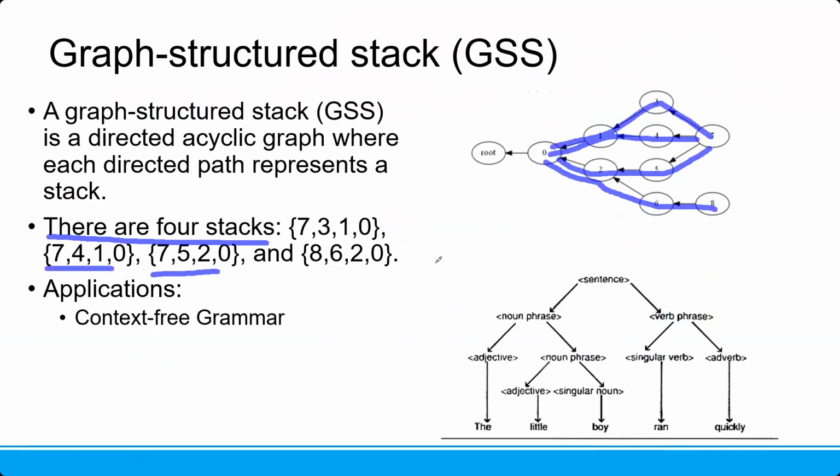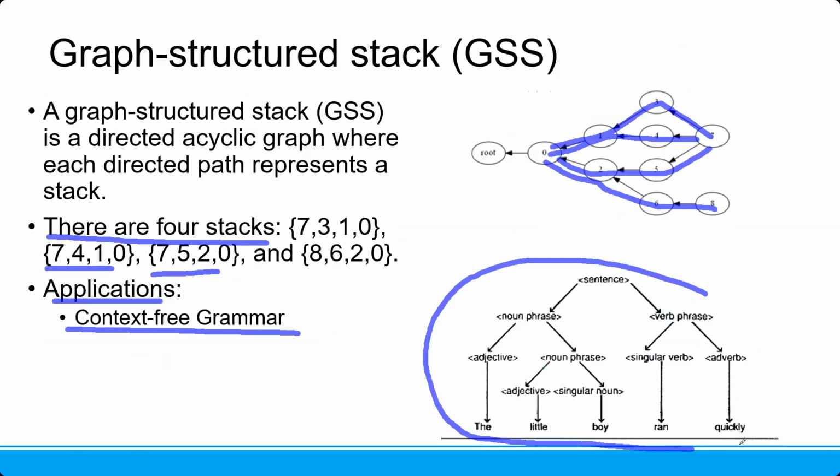Why do we need this one? The application could be in natural language processing. In natural language processing, we need to look at every word of the text. So this word represents an adjective, and this is also an adjective. This is a noun.